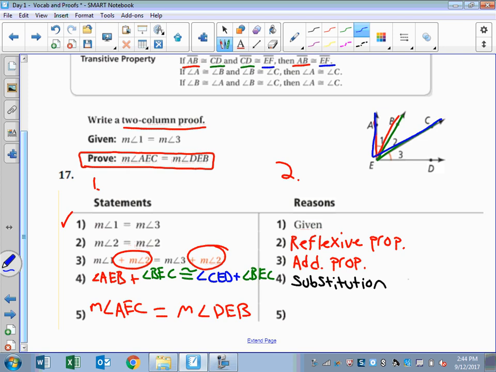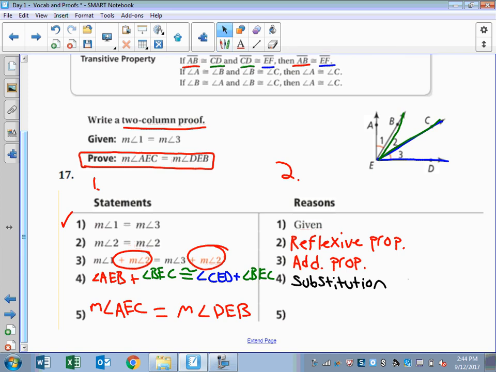And the same thing with CED plus BEC. If you add those two together, it would actually give you angle DEB. So we're adding two smaller pieces together to get a bigger angle. That's going to be the angle addition postulate. So we can just write angle addition.